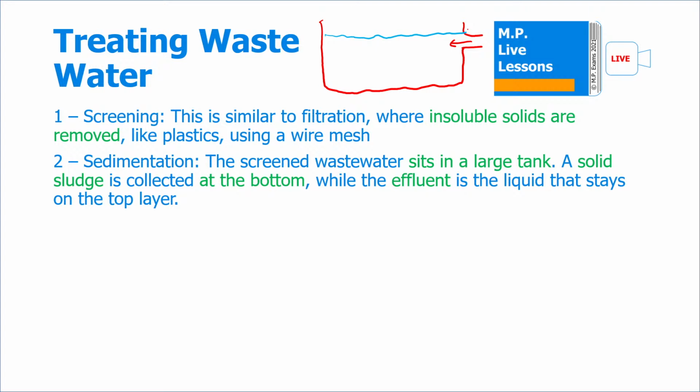Then a sludge will collect at the bottom, whereas the liquid on top is called the effluent. Now, things happen to these. They go their separate ways.